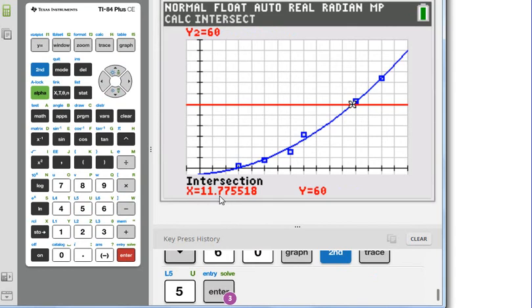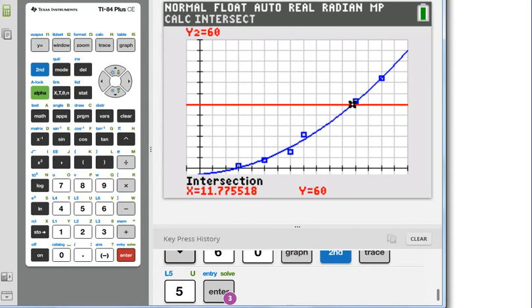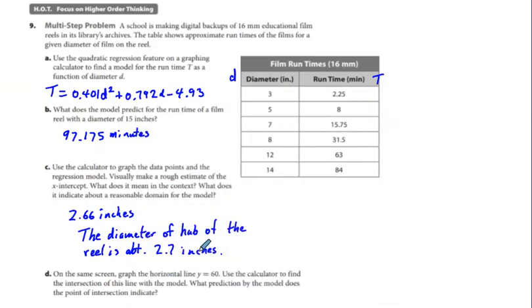Well, 11.78. So we get x equals 11.78, and that's going to be inches. So what does that mean?